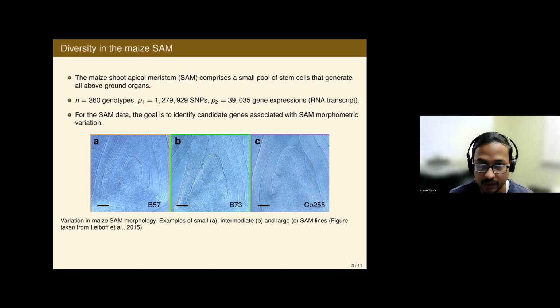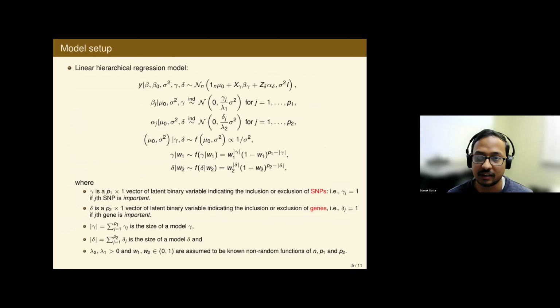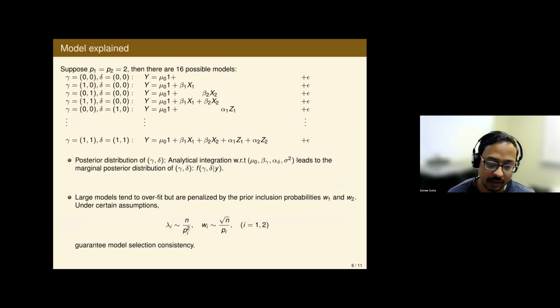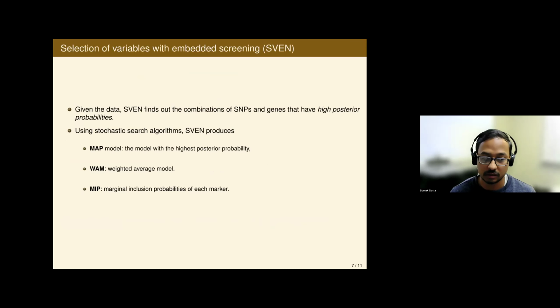But the theory says that if your sample size is small, then more samples are always better. More samples are always better, and the more samples you have, the more confident you can be on the discovered SNPs and gene expressions, on the hits, basically.